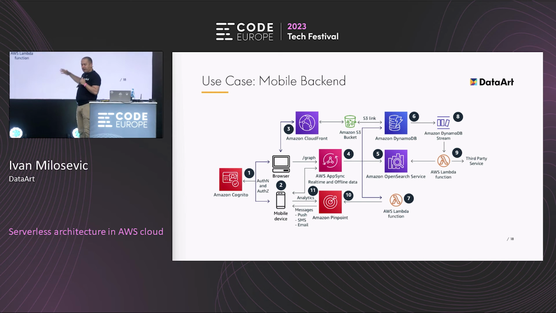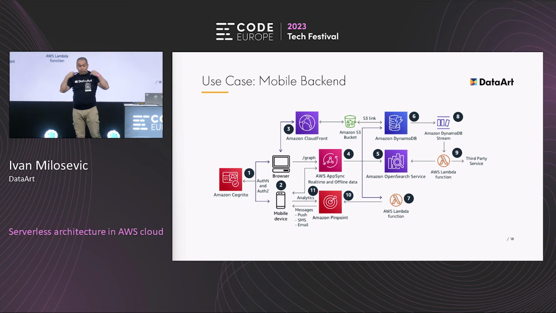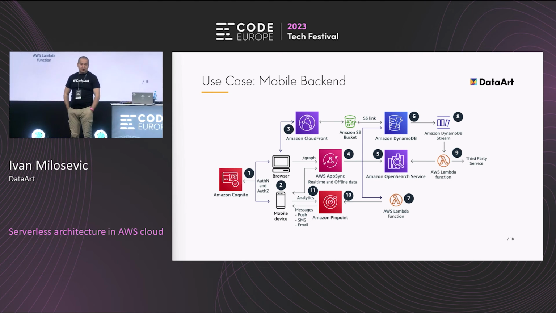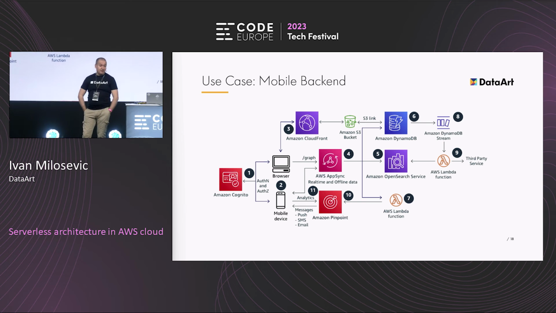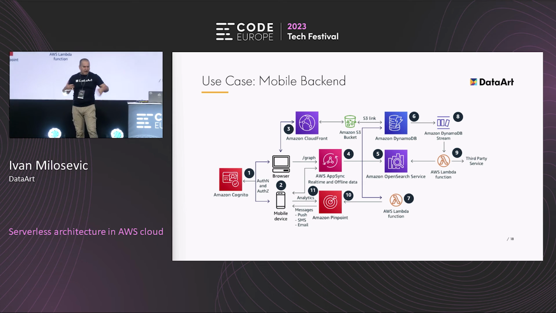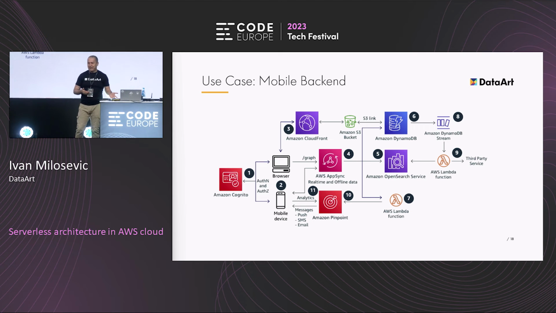So in general, and let me digress a little bit from the topic, often people tend to create something without being aware that there is already a pre-created service that can be used in AWS. I am not advocating AWS, don't take me wrong. I'm working for DataArt, not for AWS.